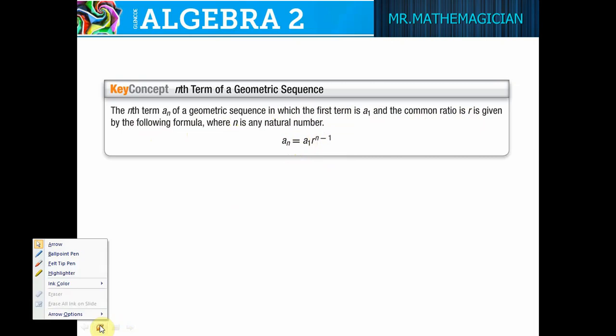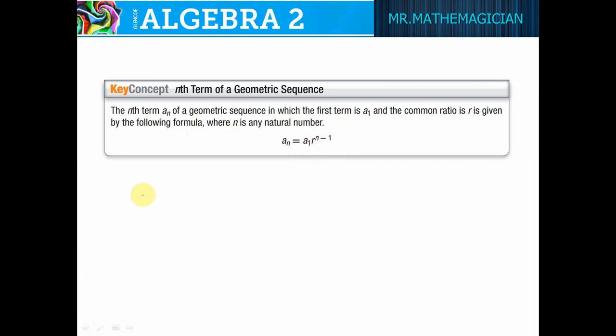Let me remind you what a geometric sequence is. A geometric sequence starts with a number, let's say for example 2. Then we multiply by the same number. Let's multiply by 3, so it will give you 6. Multiply by 3 will give you 18, and so on.